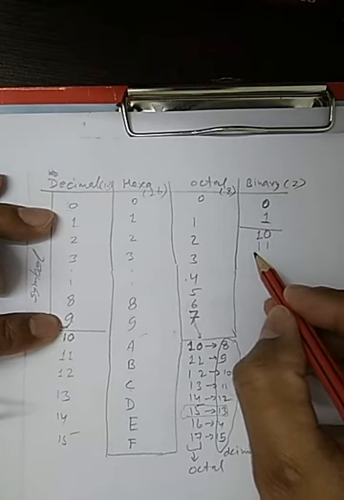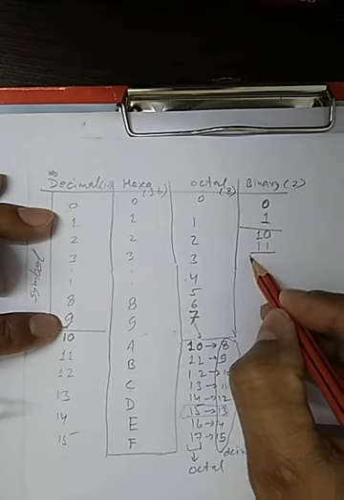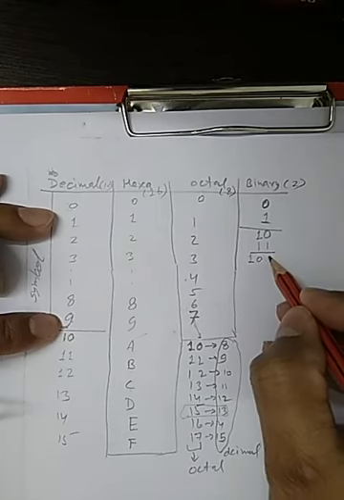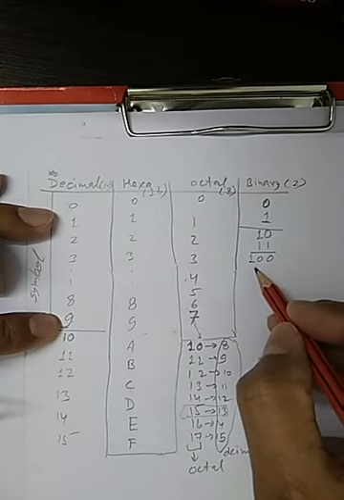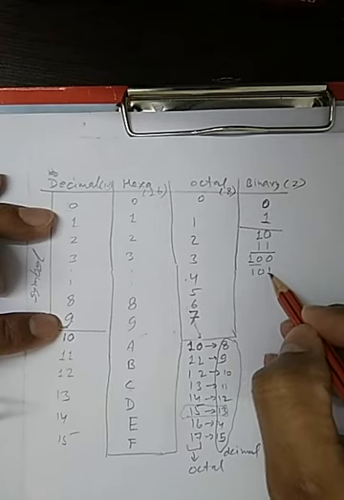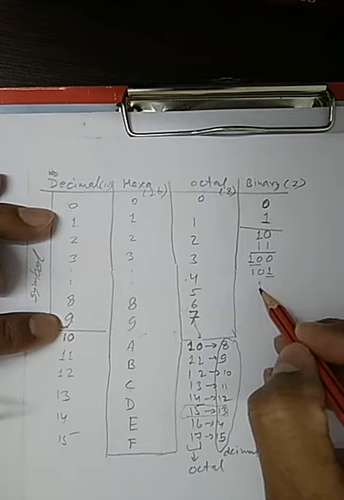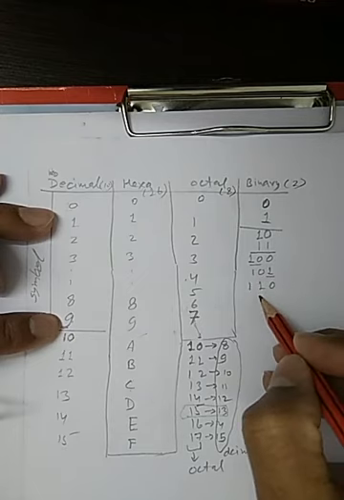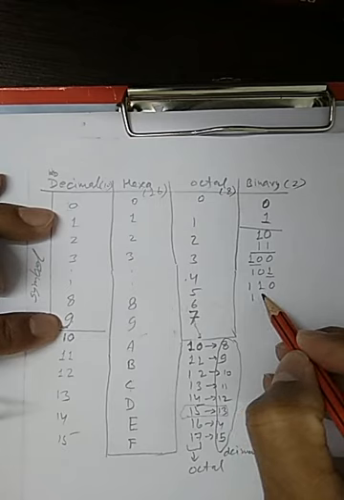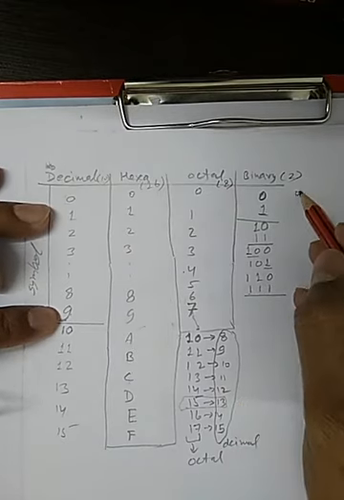Again the maximum symbol is reached, so I will generate a carry, and both of them will become 0. Now these two are fixed: 1, 0, 1. Now the maximum value is reached, it will produce a carry to the next one, and it will become 1, 1, 1.